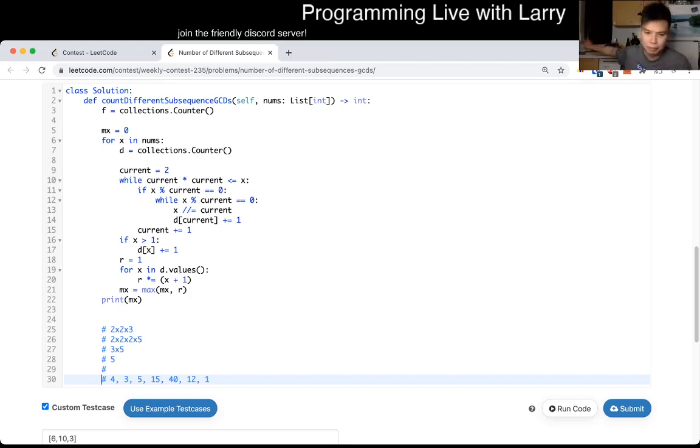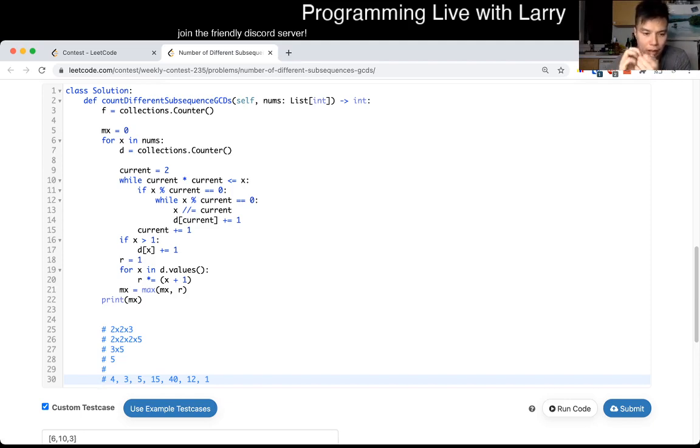Do divide and conquer. Well, it's the intersection of 2 numbers.